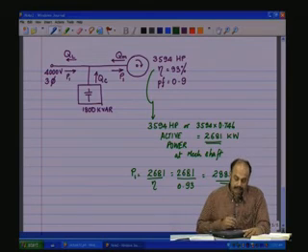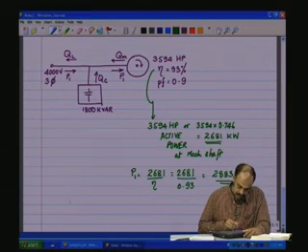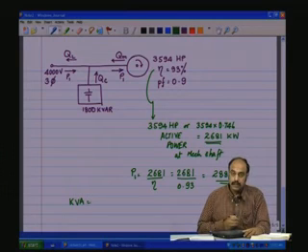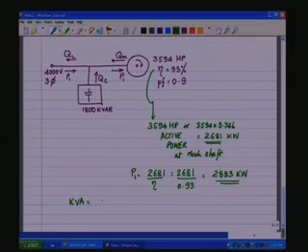Now, what is the apparent power, the VA? The kVA is the active power divided by the power factor, active power divided by cos theta, and cos theta is given as 0.9.